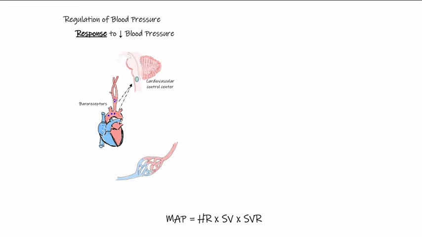The cardiovascular control center, sensing this drop in blood pressure, is then going to send out its signals via the autonomic nervous system. It's going to be an increase in sympathetic output, and that's going to be to the SA node, which is going to cause an increase in heart rate, and that's going to be beta-1 receptors.